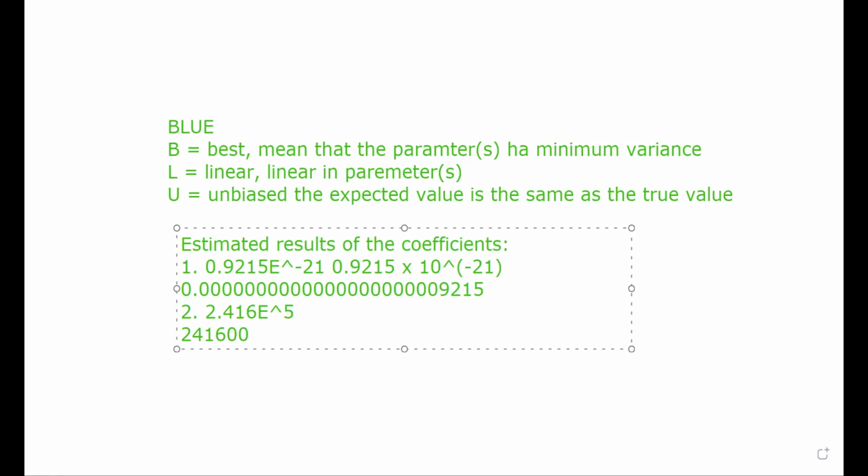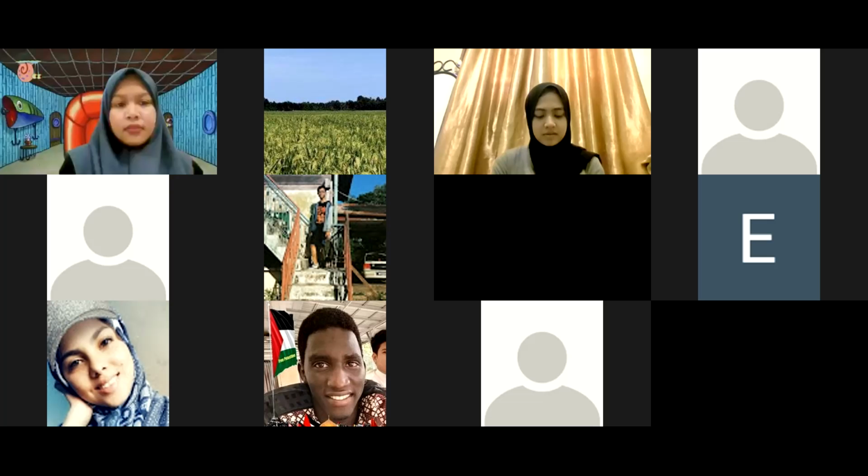Okay. If you have here 10, okay, here 10 means you have to move like this. Okay. You get it now? The meaning of E here? E is 10 to the power of. Okay.